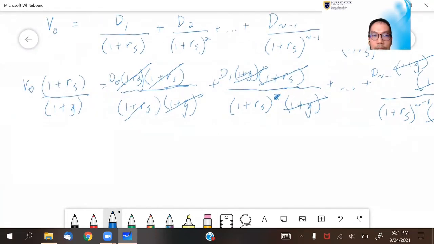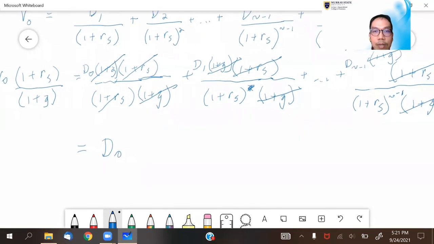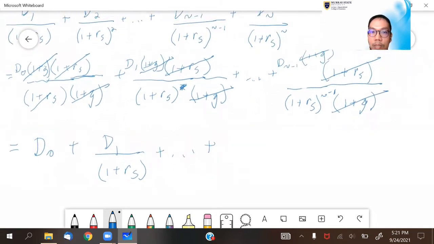Okay, we write down, make it clearer. So you have D0, dividend that has been paid, right? Plus dividend 1 divided by 1 plus required return by stockholders, and so forth. And the last one is what?